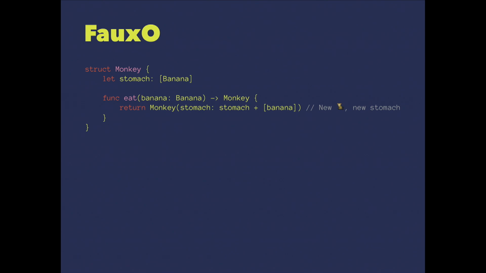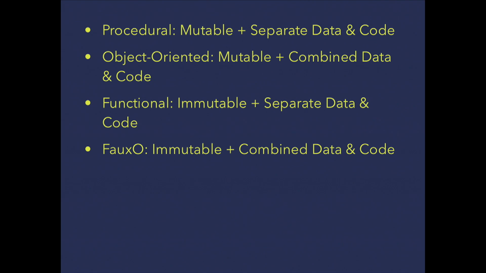Let's just move that eat function onto a monkey. And at this point, we can reason about our code a little bit more. We have the stomach still, and we can still create that new stomach with the monkey. But this eat method lives closer to our monkey, and we can call it on a monkey itself. And we've regained some of the things that we liked about object-oriented approaches that makes more sense to us in the real world. And this is still functional, even though we call it FOO. But at this point now we have immutable data and combined data and code.